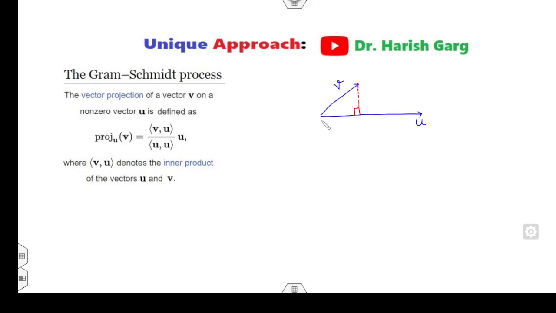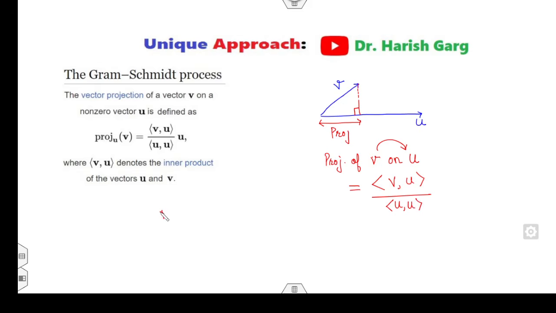There is a perpendicular, and this is called the projection of v on u, which is defined as the inner product of v and u divided by the inner product of u comma u, times u.